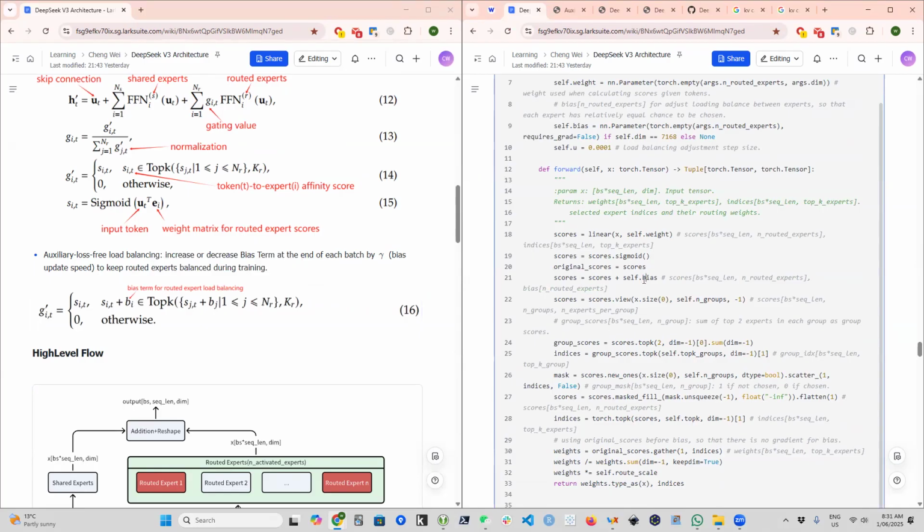We use the bias term to balance, right? To help balance the MoE experts, and we add it into the score so that it balances.